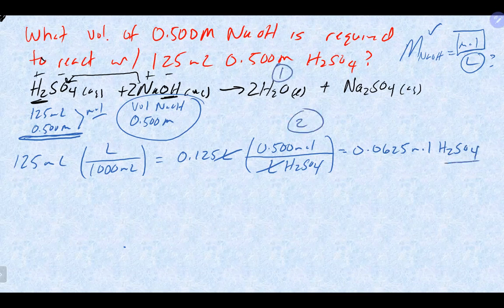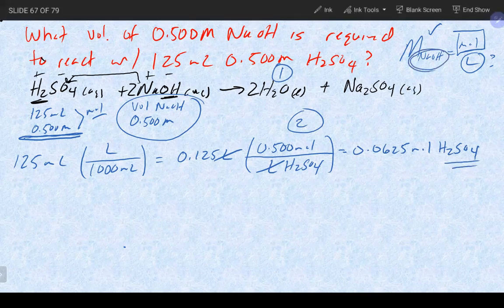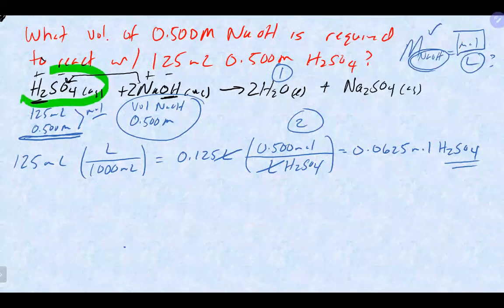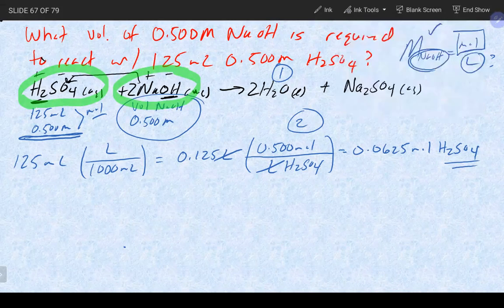We're not interested in sulfuric acid. We do need to get to sodium hydroxide here. So this is where the stoichiometry part comes into play. From the equation, it is a 1-to-2 relationship in this case, which is why it's important to make sure you have the balanced equation.